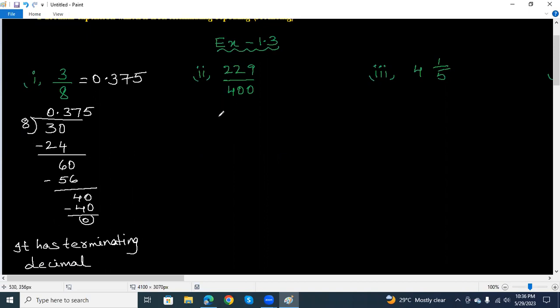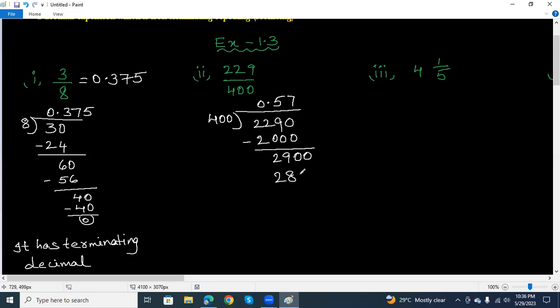Now 229 by 400. So we need to divide this, 229 by 400. Since it is a smaller number than 400, it goes 0 times. Now put a point and place a 10 here. Now 4 fives are 20, right? So 5 times. 4 fives are 20, so 2000 it is. So we get the remainder as 290. The point is already there, we can place a 10. 4 fives are 20, 4 sixes are 24, 4 sevens are 28, 7 times, 2800.